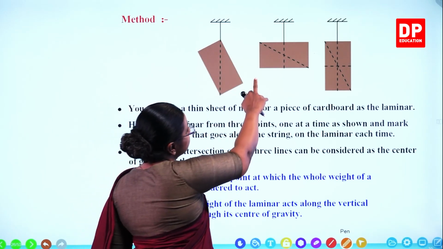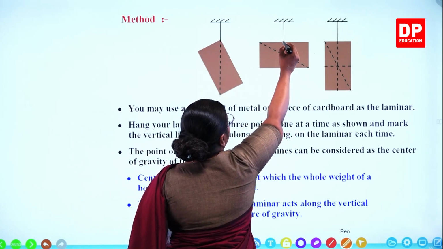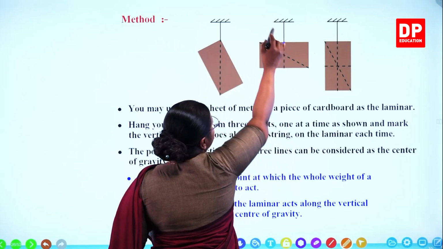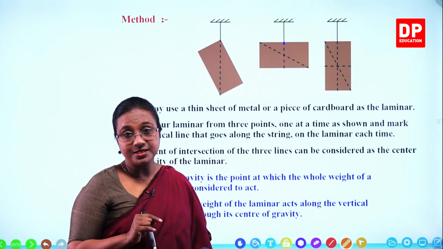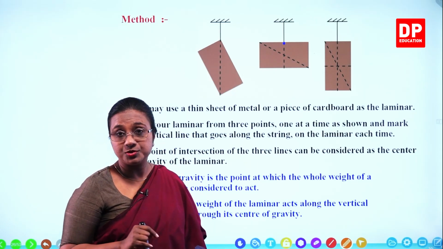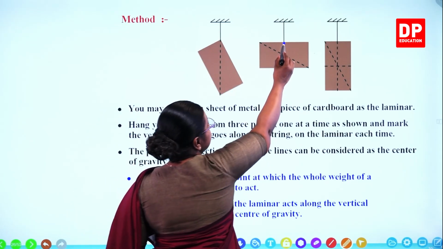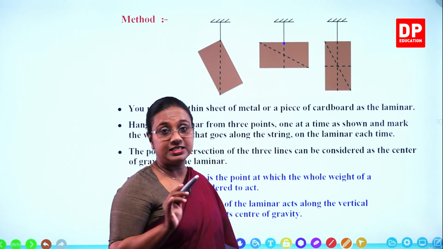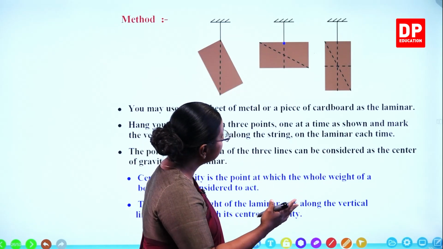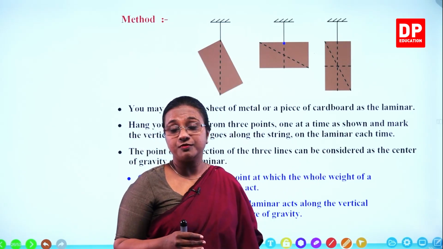Now, as you can see, for the second position, the hole is made somewhere here and then the lamina is suspended from that point. And then, when the lamina comes to rest, again we draw this second line. Here you can see both the lines intersect each other. Then in the third instance, again we change the position of the lamina.